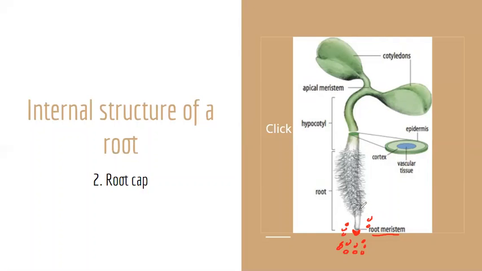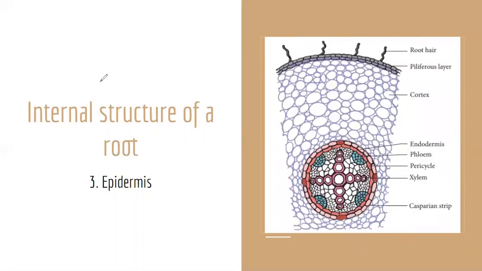Another thing is that cells of the root cap are relatively impermeable to water and solutes. And remember, aquatic plants lack root caps. Number three is the epidermis, the outermost layer of cells that protects the inner tissue.